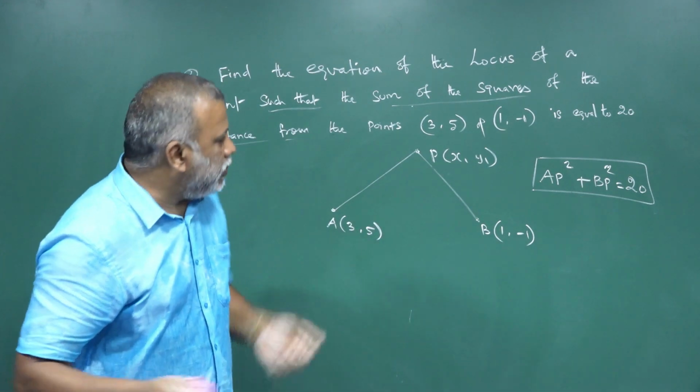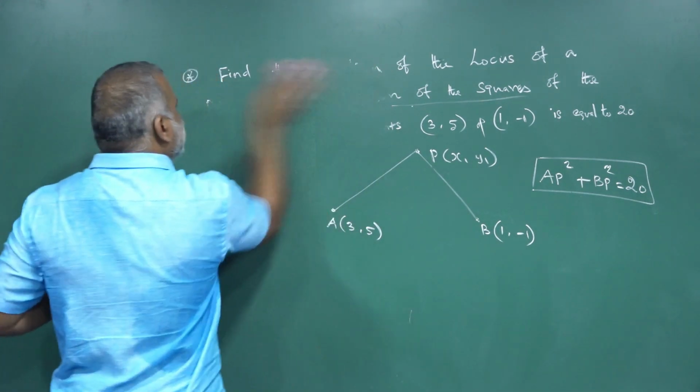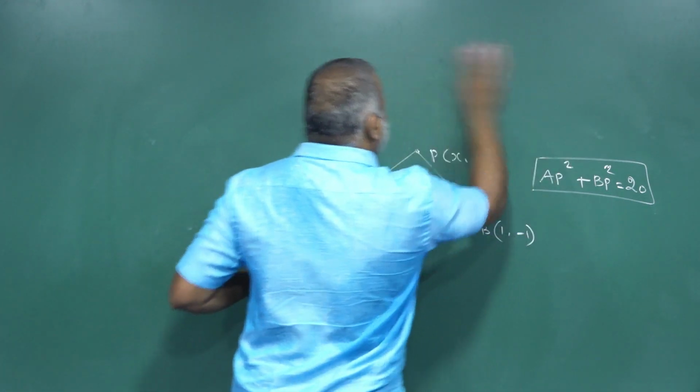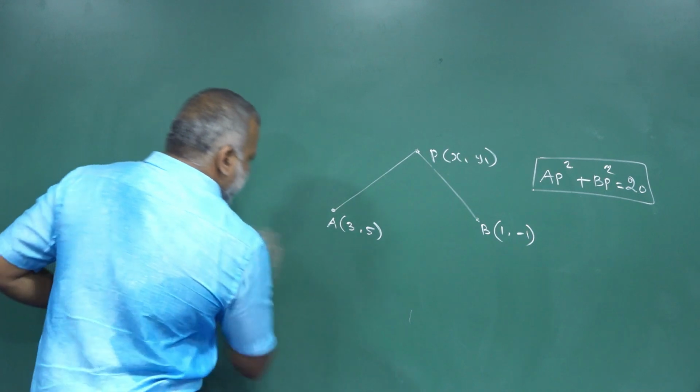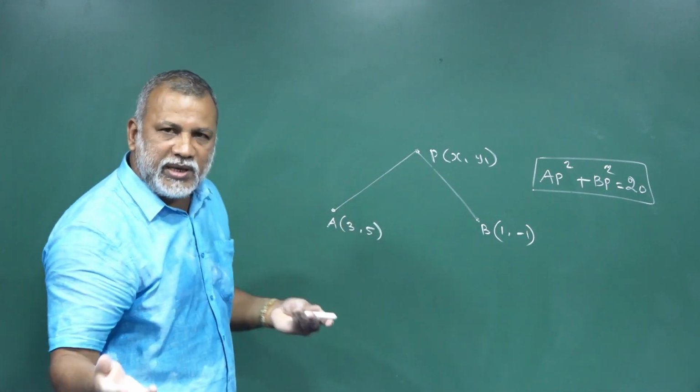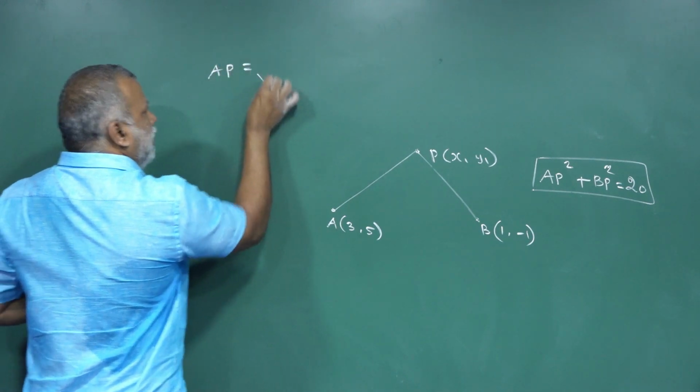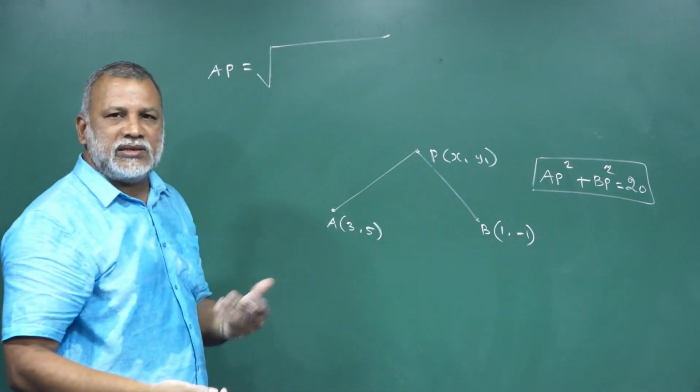Now listen. What is the meaning of AP? With the help of this diagram, we are able to derive it. AP is nothing but the distance between 2 points. See here, AP. I already explained the distance formula.